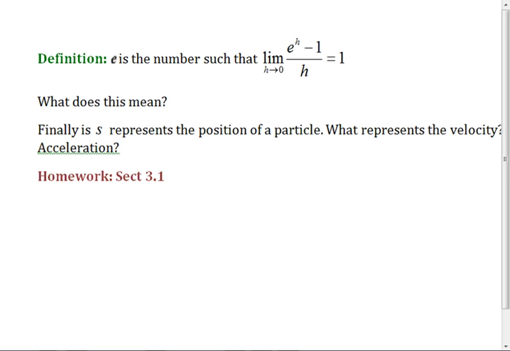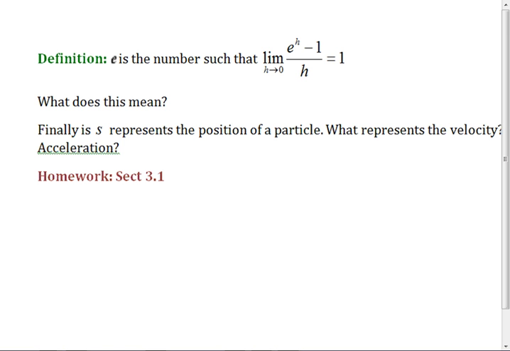The definition of e, guys, is the number such that the limit of e to the h minus 1 over h is equal to 1. What is this the derivative of? e to the x. At where?